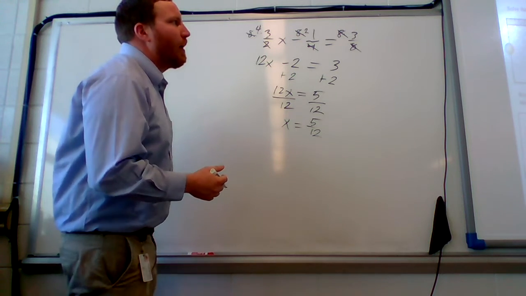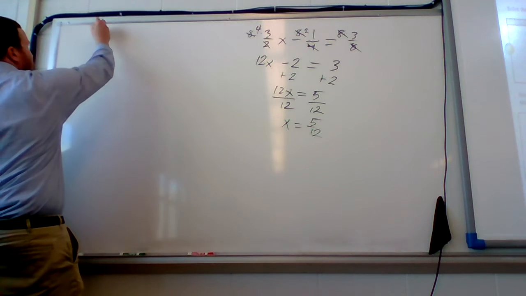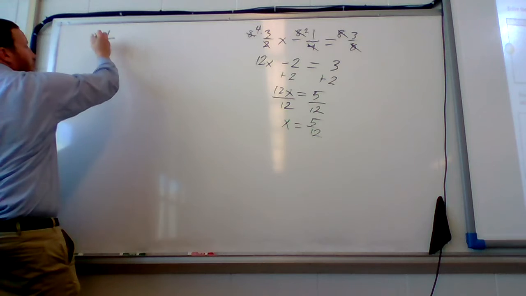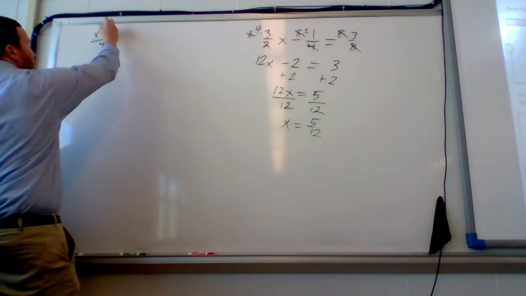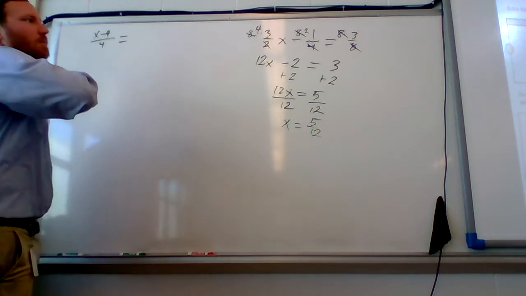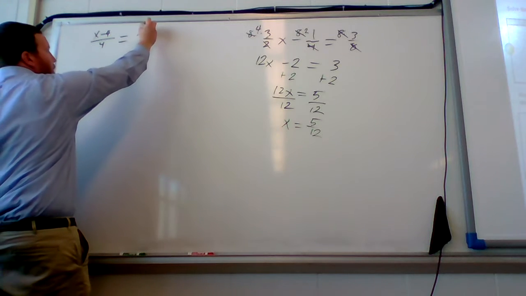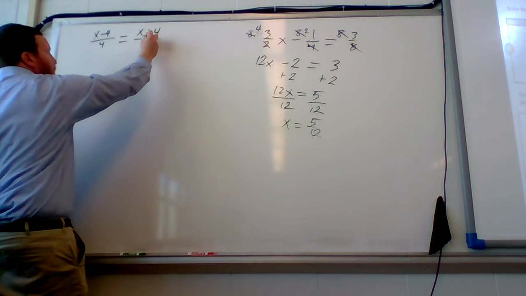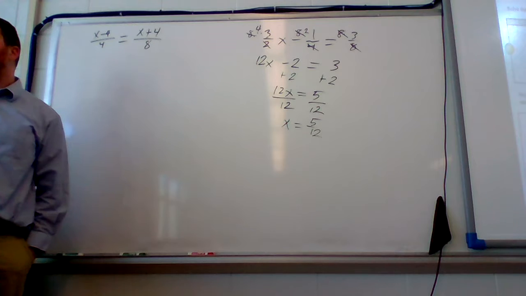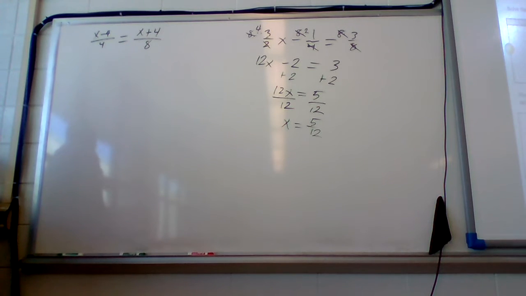So equation number 1, we've got x minus 4 over 4 equals x plus 4 over 8. So least common denominator.